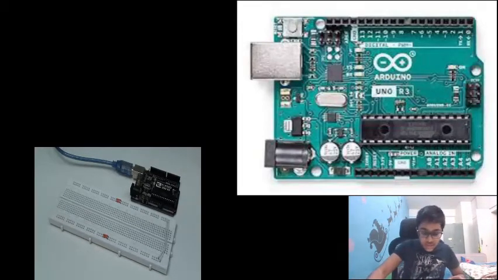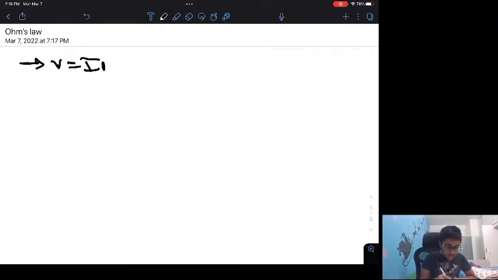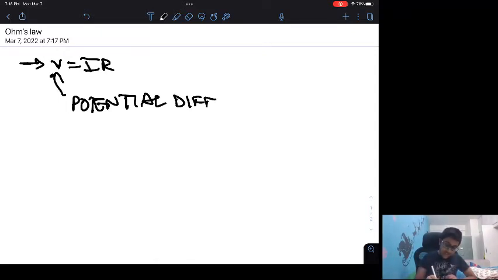Let's get you a good circuit view. There we go. So Ohm's law states that V equals IR. Let me tell you what this is quickly. V is the potential difference across a resistor. Let me just draw a resistor really quickly.